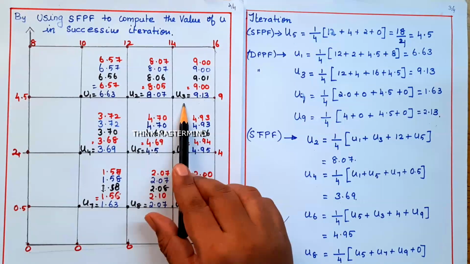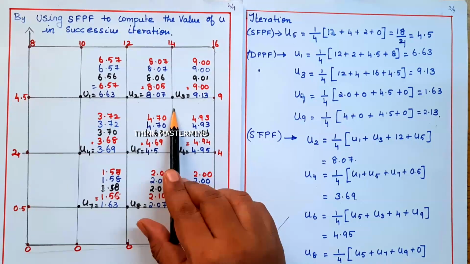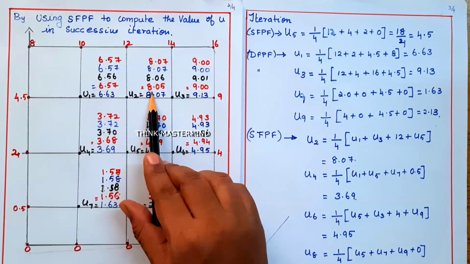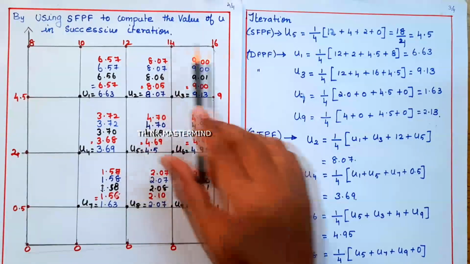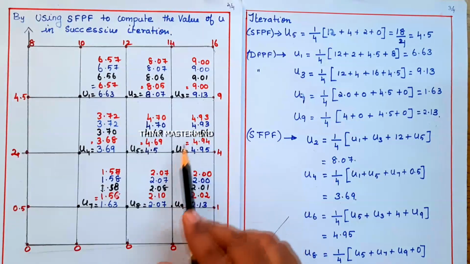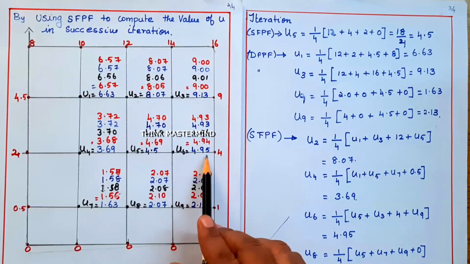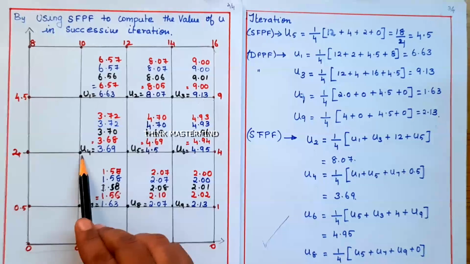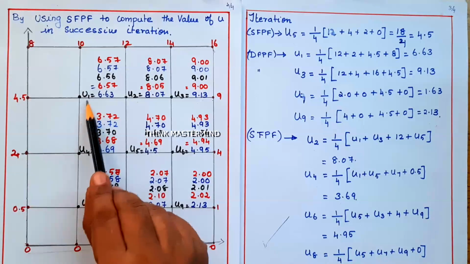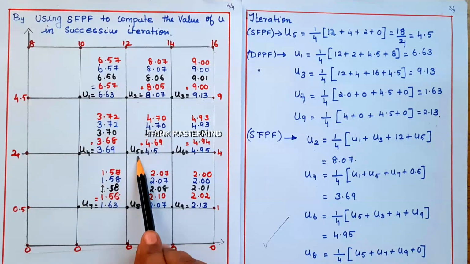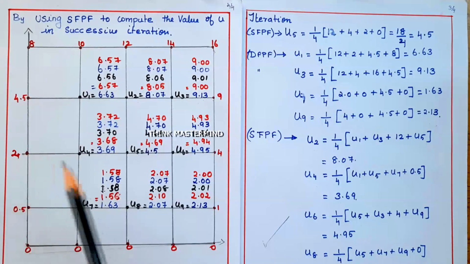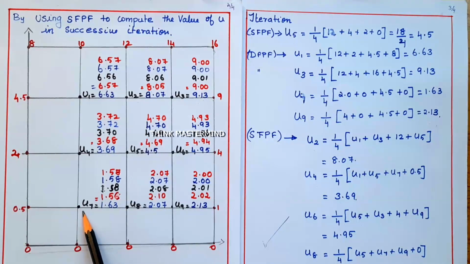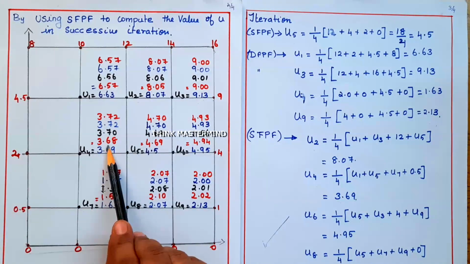To find u3, again we are using the standard 5-point formula, new value of u2 plus 14 plus 9 and u6 is equal to 4.95, that is 9.00. To find u4, new value of u1 and u5, 2 plus u7. So you're getting 3.68.